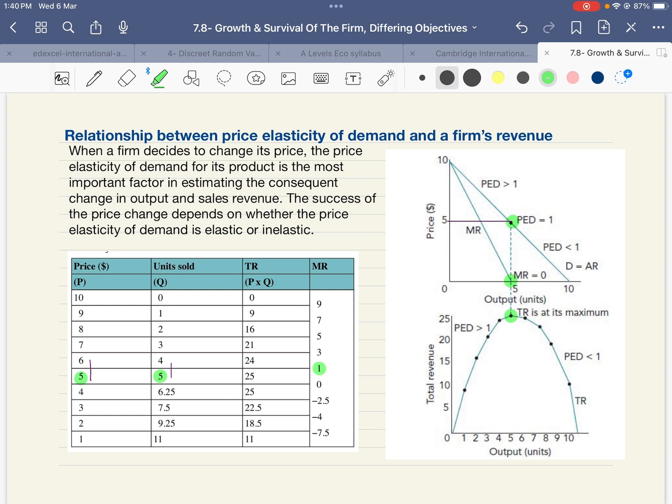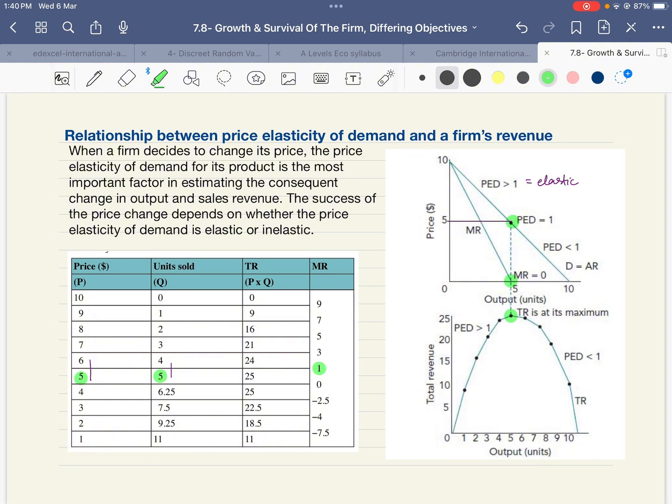At points above this point, price elasticity of demand is greater than 1, which means demand is elastic. Firms cannot change their prices because a slight change in price will result in a greater change in demand. Therefore, it will impact revenue to a great extent and the revenue will come down.